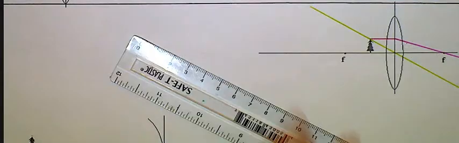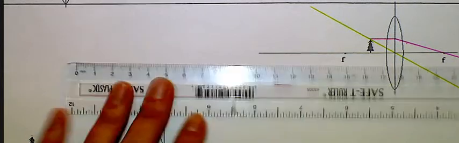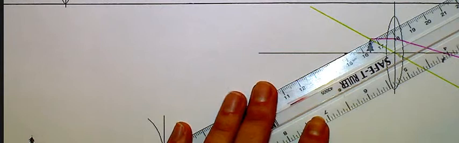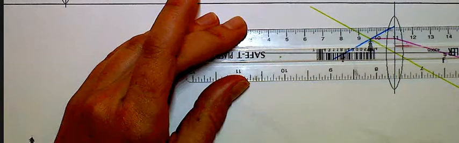Like that. And then the blue one, the focal point on the same side, right through the top. And when it hits the lens, it bends and refracts parallel on the other side.